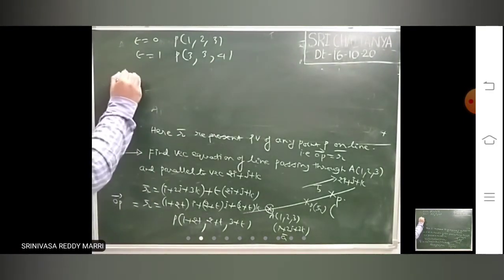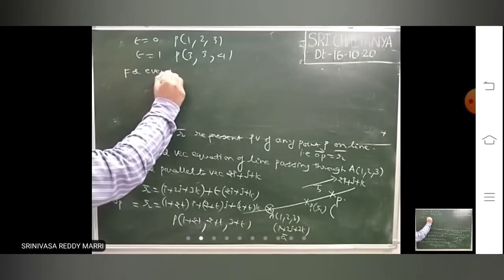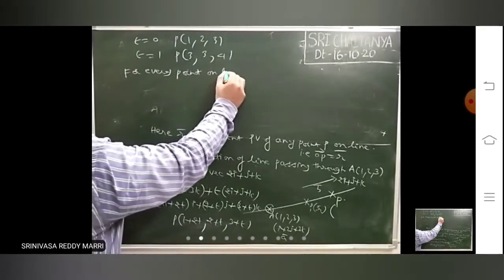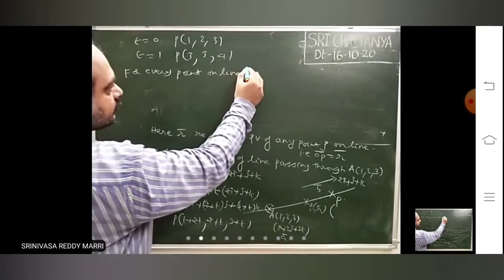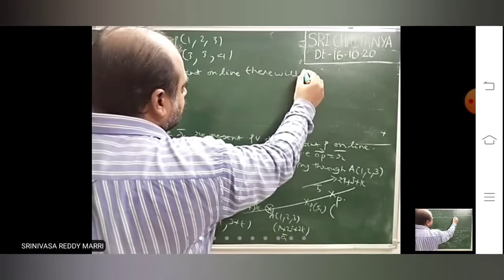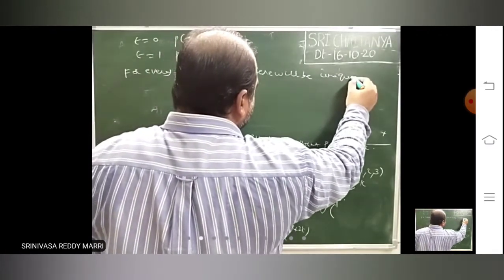That means for every point on the line, there will be a unique value of t.